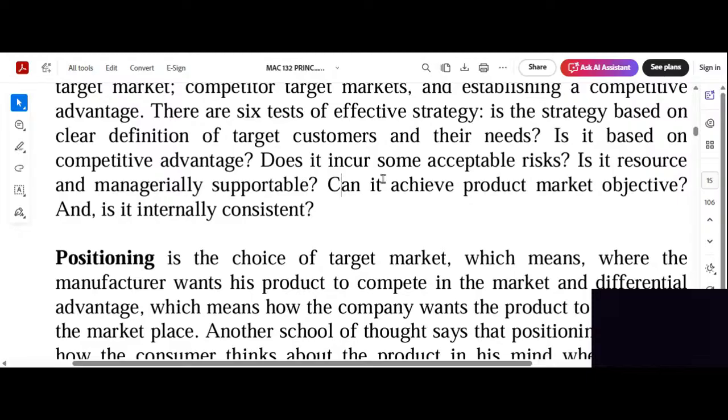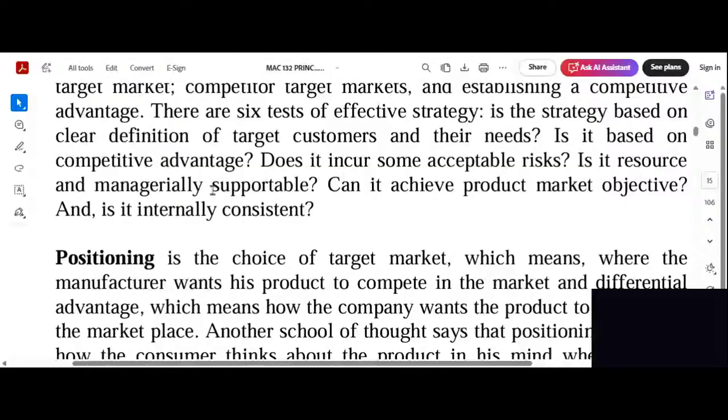It must be able to achieve product market objective, which is the basic thing a strategy is meant to do. And lastly, is it internally consistent? Can your strategy be used over time and still produce result? Those are the 6 tests of strategy that we have.